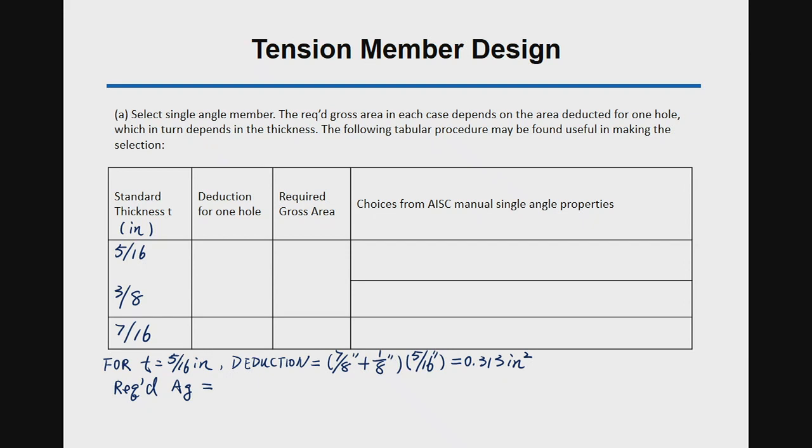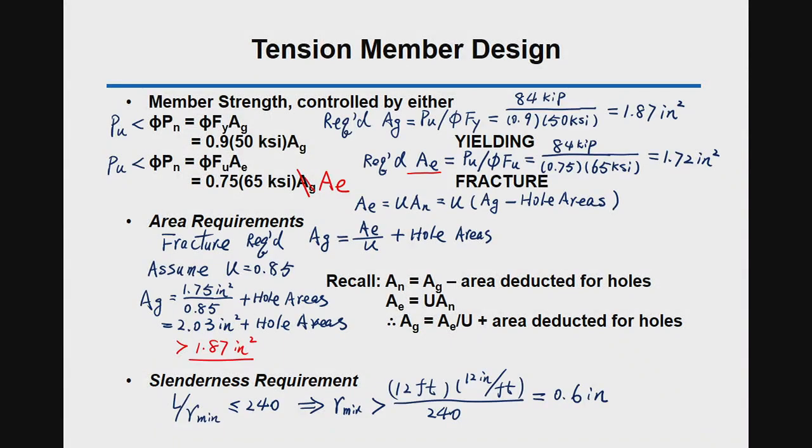All right, so if we go back to the previous analysis, the cross-sectional area based on fracture would be greater than the required area based on yielding, right?